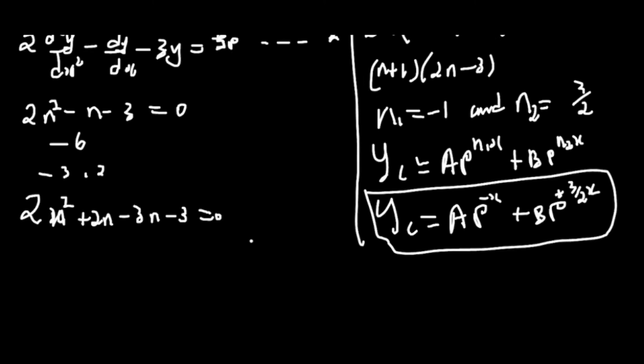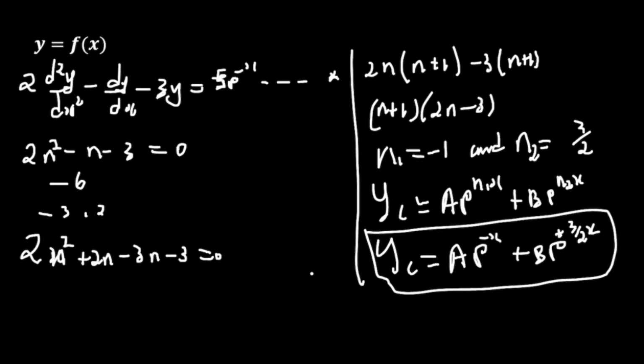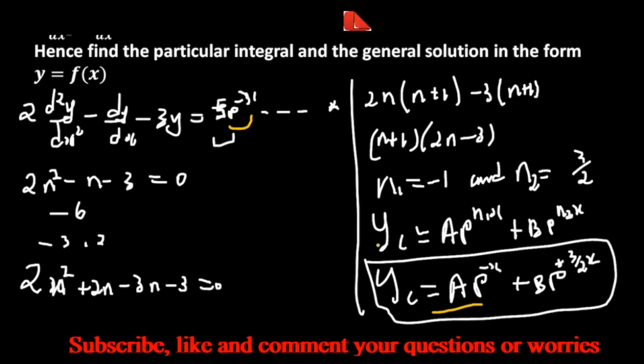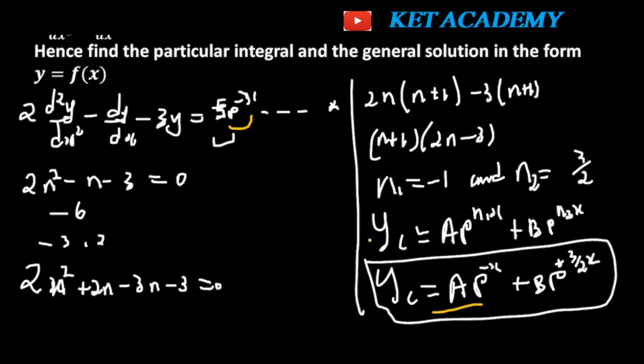Now, when we compare the particular solution here and our complementary solution, we discover that 5 e to the minus x and a e to the minus x match. So our particular solution is part of our complementary solution.